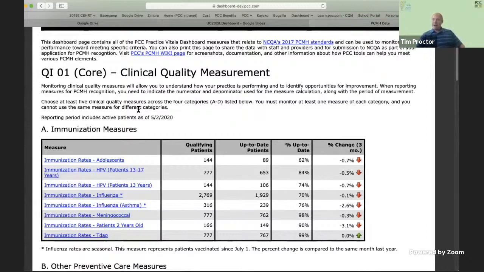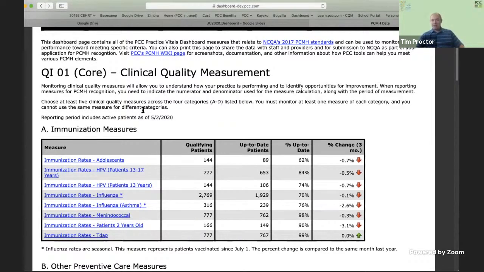So remember early on, I said one of the key things to do to have a successful practice in terms of financial and clinical measures is to measure, take action on those measures, and then measure again.